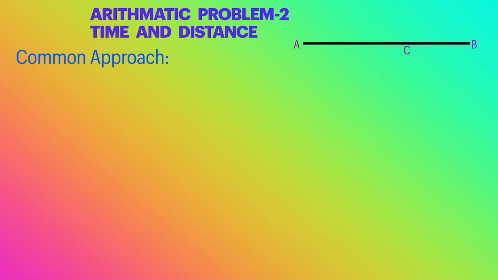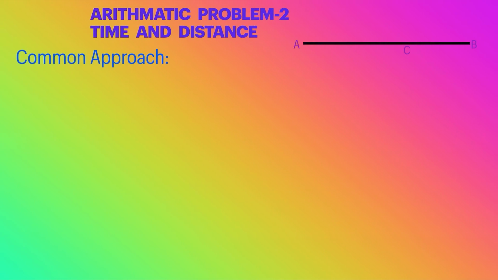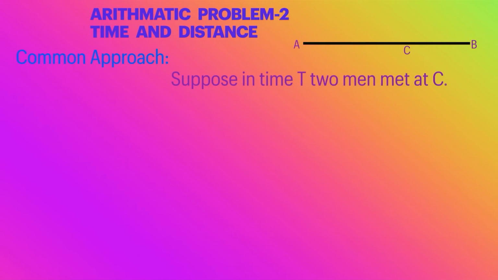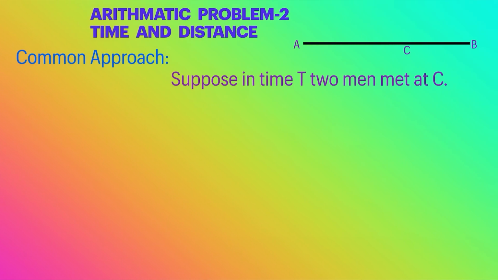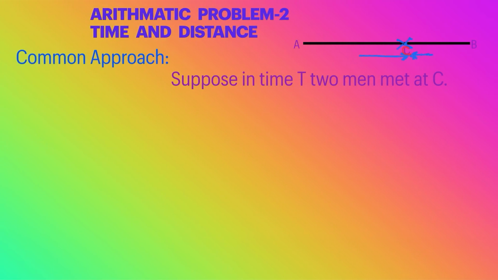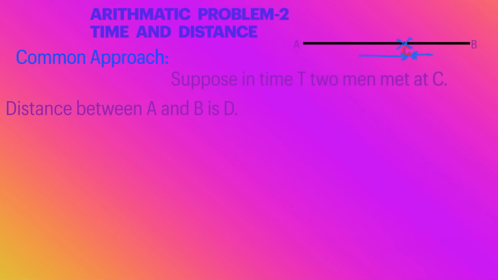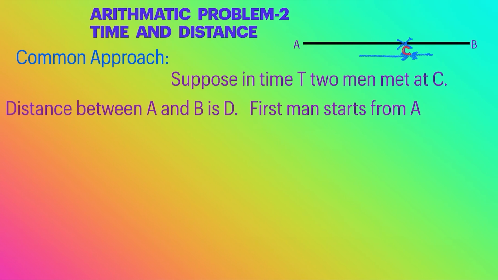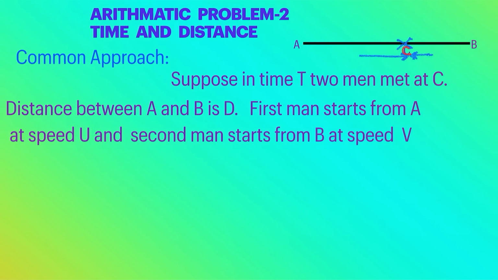The first racer starts from point A towards B, and the second racer starts from point B towards A. Suppose in time t the two men meet at the point C, and the distance between A and B is d, and the first man starts from A at speed u, and the second one starts from B at speed v.